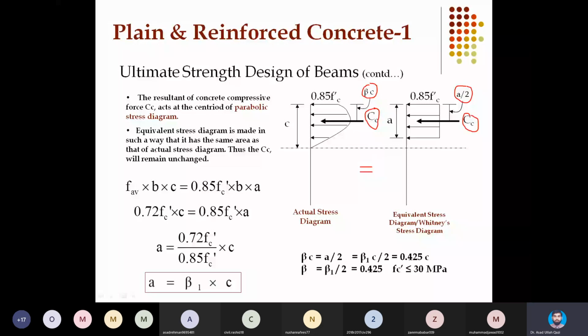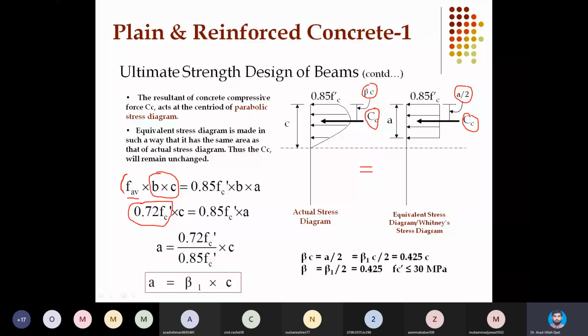On the previous slide, we proved that up to 30 megapascal concrete, f average will be 0.72 fc prime if we divide the area under the curve by 0.003. So that f average is applied on a cross section of b into depth c. So this is actual.